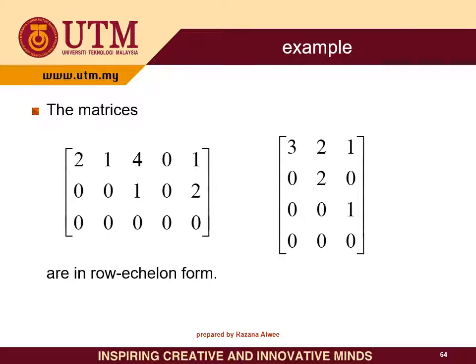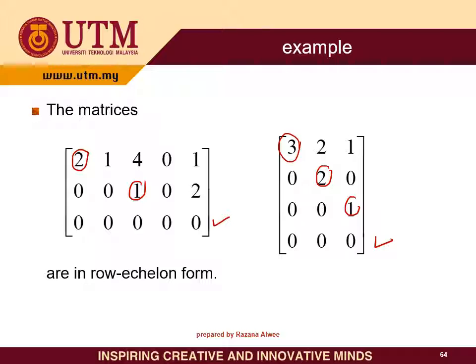Example. This example shows that these two matrices are in row echelon form. If you can see, it satisfies the first condition: if you have all zero rows, they must be at the lowest. And then the leading entries must be to the right. The first row, the second row is to the right. Same as this: all 0, and then the leading entries all to the right.